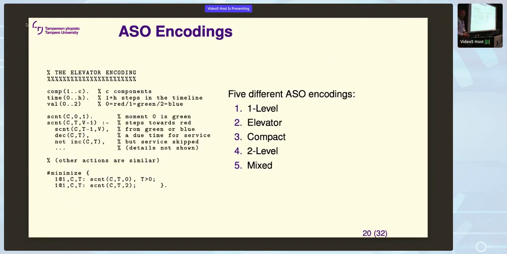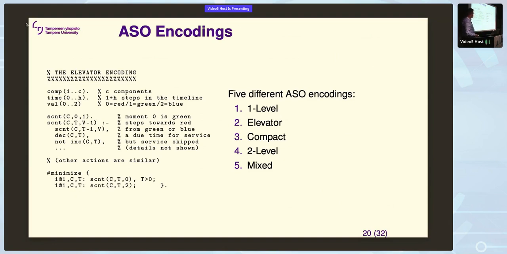We have developed, for the basic case where we do not do any pruning, 5 different ASP encodings. In the previous paper, we published the 2-level encoding. And in this paper, we published this elevator encoding, but it already existed otherwise.